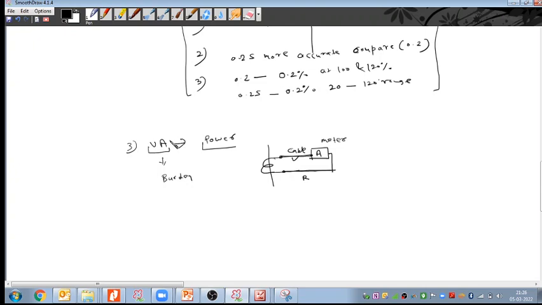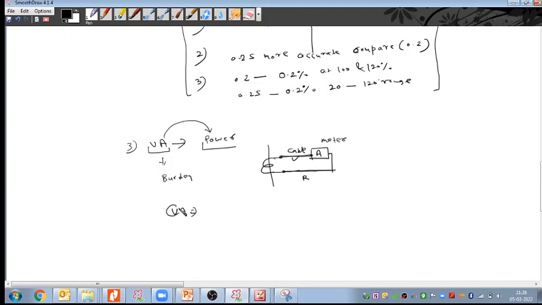So VA stands for the power the current transformer needs to produce on its secondary side. Now we need to calculate this power, and we know the formula; we can express VA in other terms also.